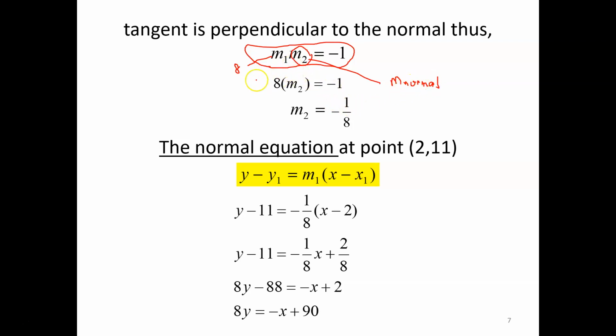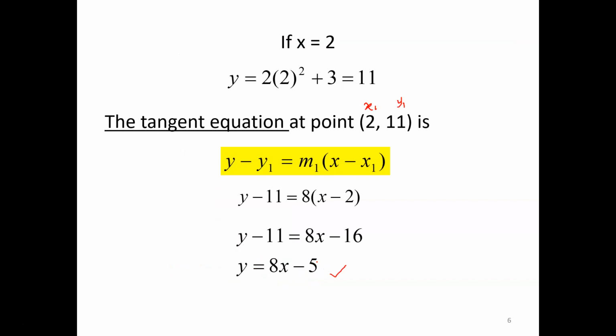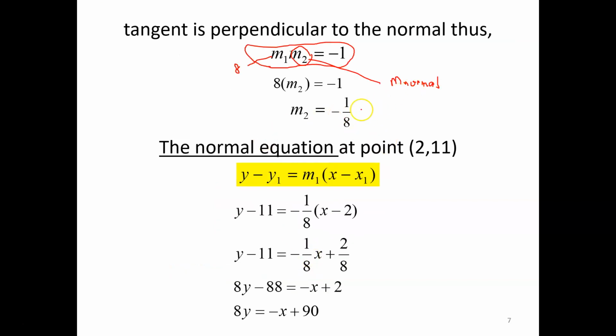So you just substitute the value you have, 8, and then m2 equals -1. Then you get m2 equal to -1 over 8. So this is your gradient for normal. Just now you had the gradient for tangent, and now you have the gradient for normal.